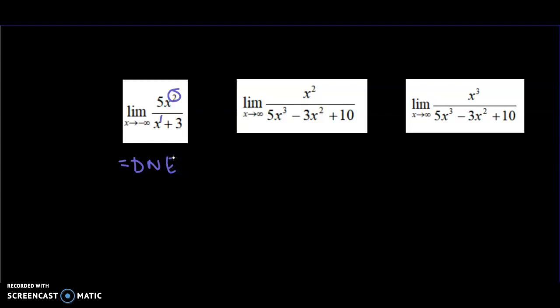Okay. Next example. We have highest degree in the numerator is 2. Highest degree in the denominator is 3. Bigger on bottom, what did we say our limit is? 0. And then in our last case, we have, here is 3.